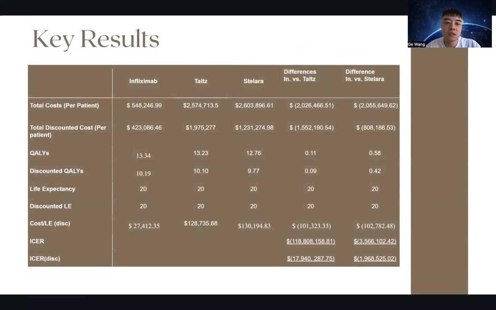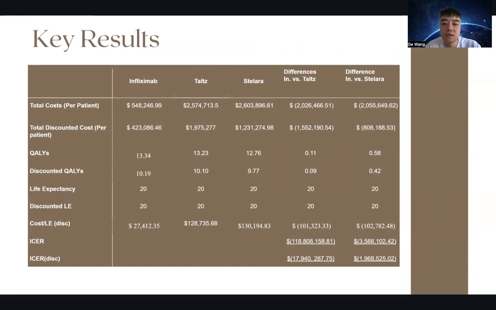The key results output is what we put here. The total cost of infliximab is 548,246.99, the total cost of Taltz is 2,574,713.50, and the total cost of Stelara is 2,603,896.61, followed by the discounted ICER.